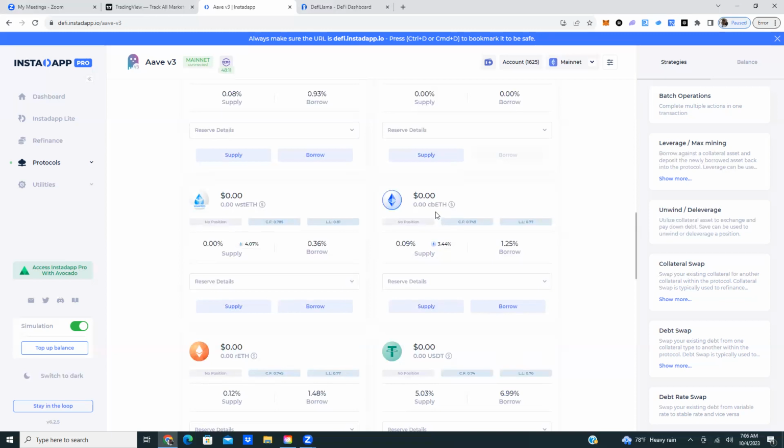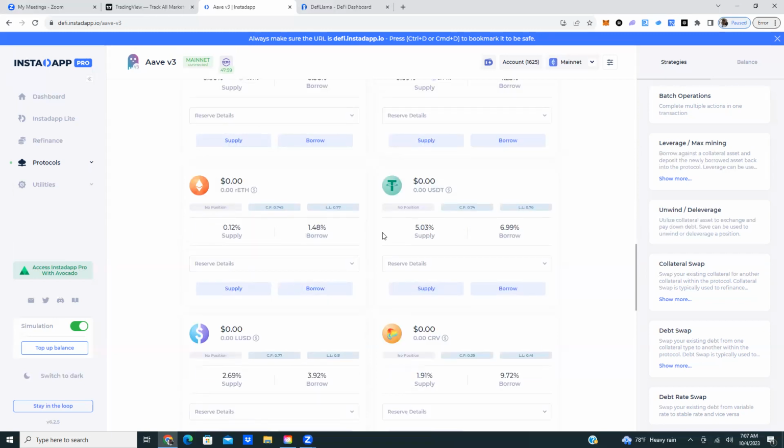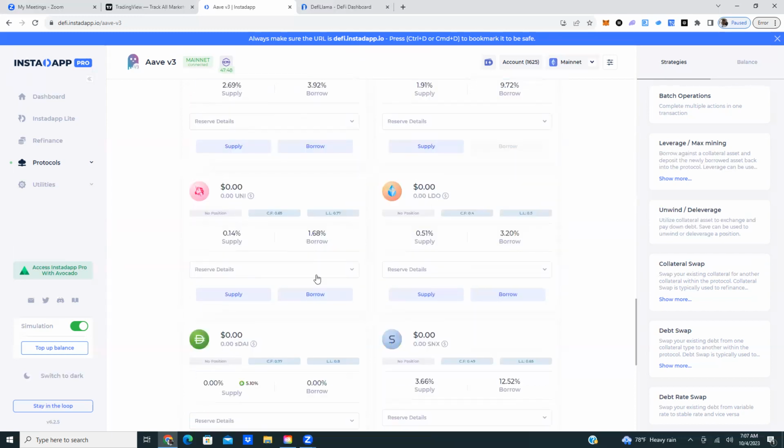CB ETH, I'm not exactly sure what CB ETH is. We're going to take a look at that, but that one has a 74% collateral factor. RETH, I'm not exactly sure what that one is either. We're going to take a look at that as well. USDT is 74%. LUSD is 77%. Curve is 35%.